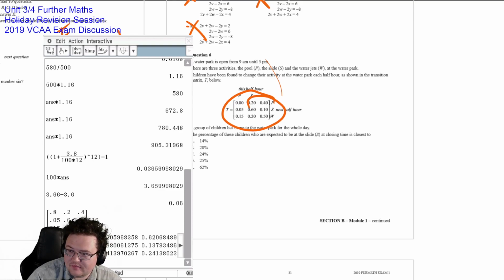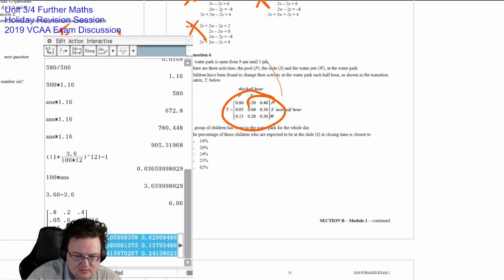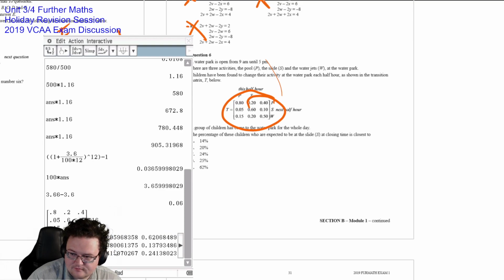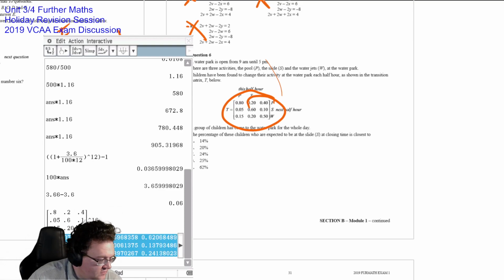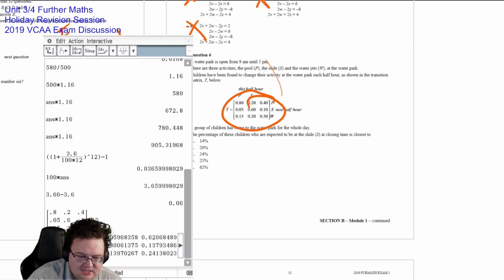However, the number of kids at the slide currently is 0.138, which is 14%. Because if I apply this state matrix enough times, what have I reached?